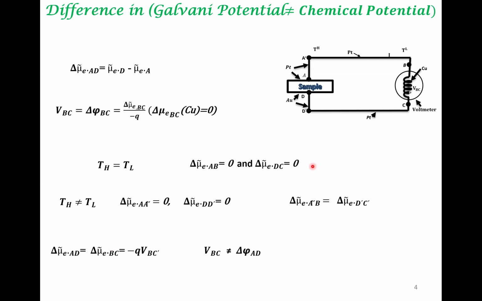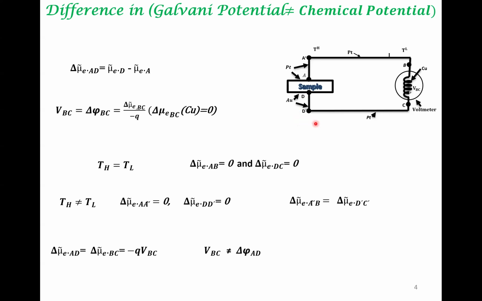But the difference between B and C, what is to be noted is that the voltmeter reading, which is VBC, the difference in these two potentials, is not necessarily just the difference in Galvani potential between A and D. Why is that so?